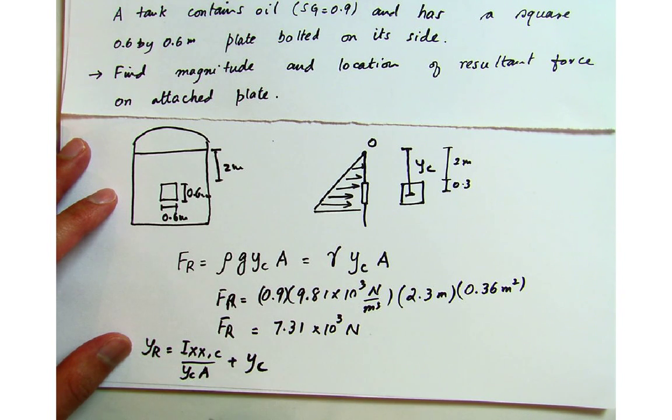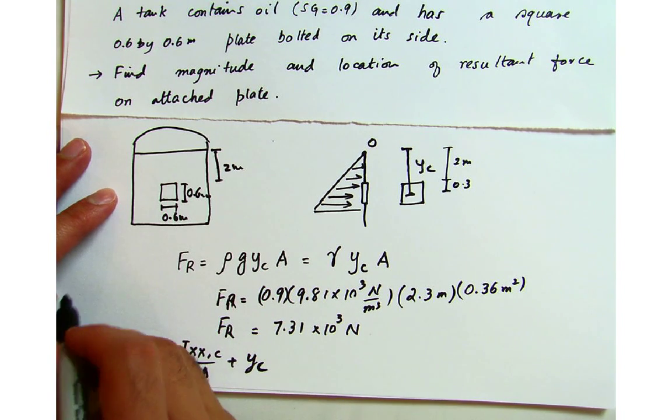Looking at this expression, we have this yc, which is 2.3. We also have this yc here, which is 2.3. The area of the plate is 0.36 meters square.